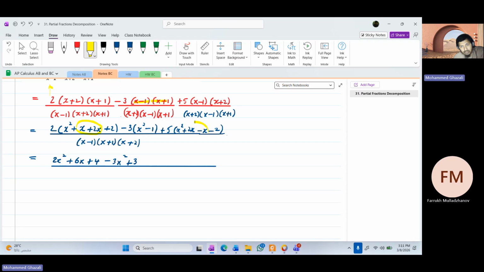Remember over here, 2x minus x is just an x. So that's plus 5x squared plus 5x minus 10. All right, so why minus 10? 5 times negative 2. And that entire thing is over the same LCD, which is x minus 1, x plus 1, x plus 2.